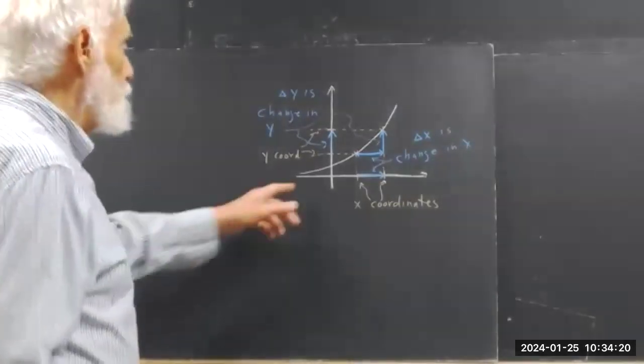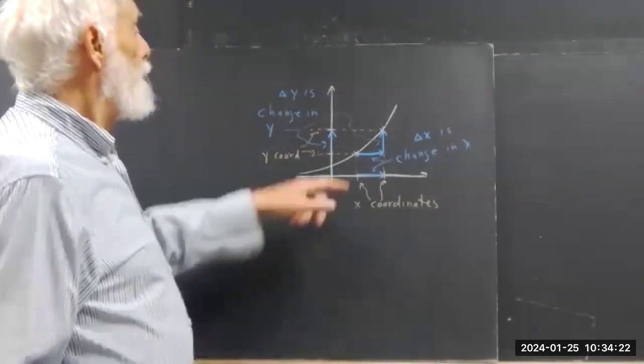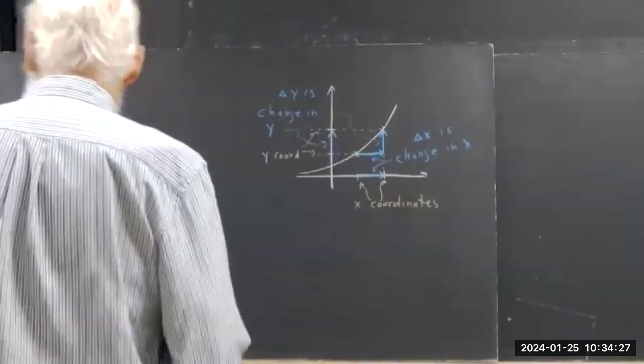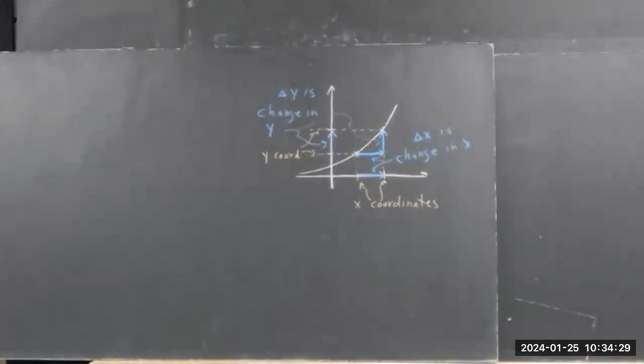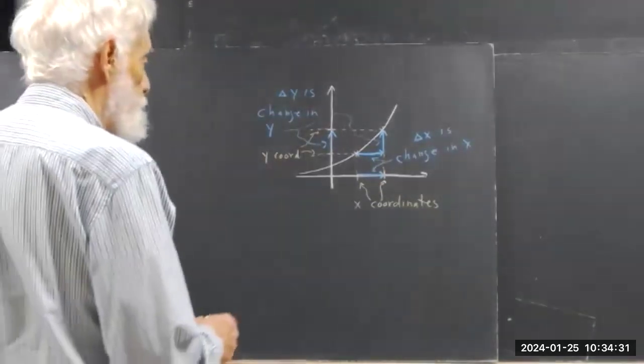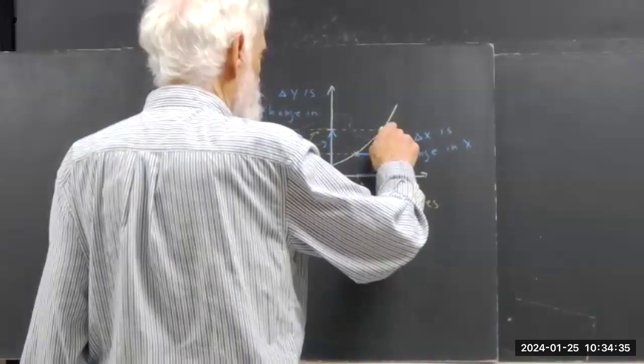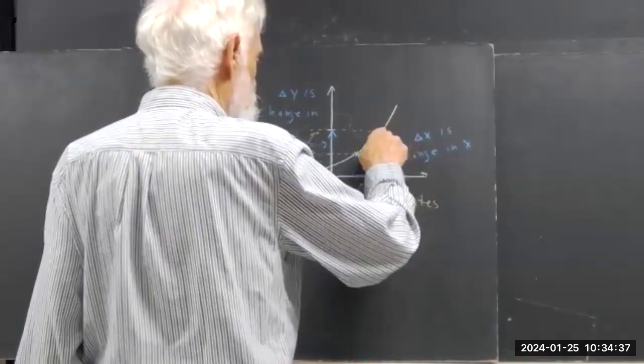Now, since the X and Y axes are at right angles, these arrows make a right angle. And that's important. And I can draw a straight line between the points.